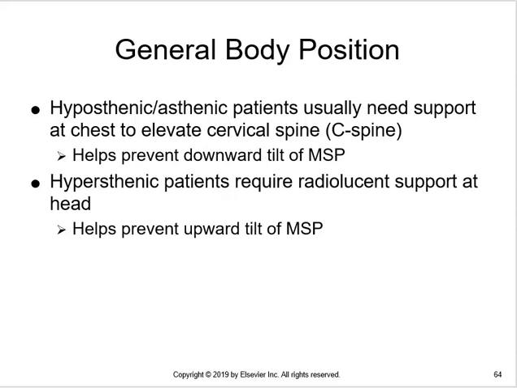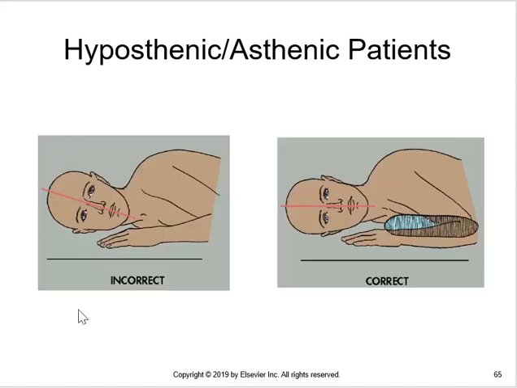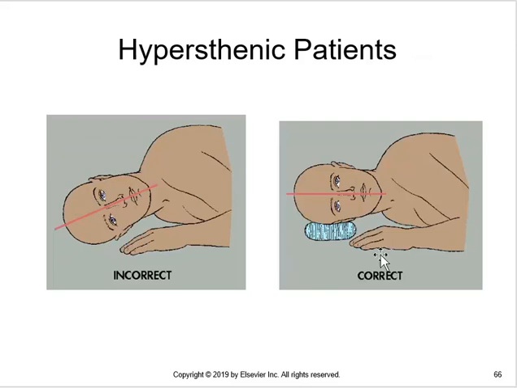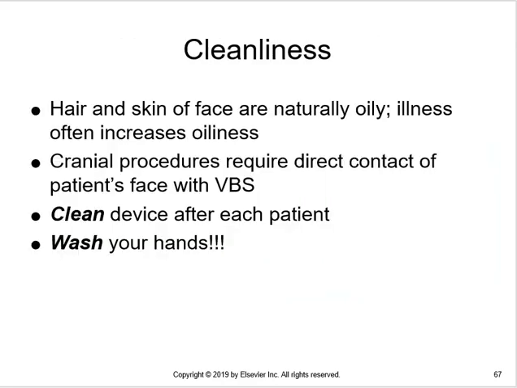They are right here. So if you have a hyposthenic or an asthenic patient, you may have to build up their chest. Or if you have a hypersthenic patient, you may have to build up their head. Make sure, obviously, that you've got a radiolucent thing to put the patient's head on, a sponge or whatever.